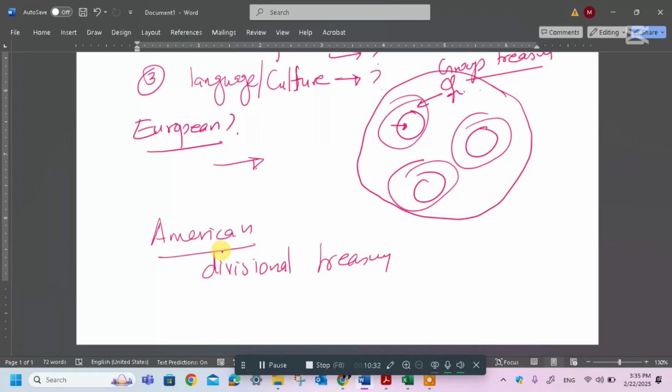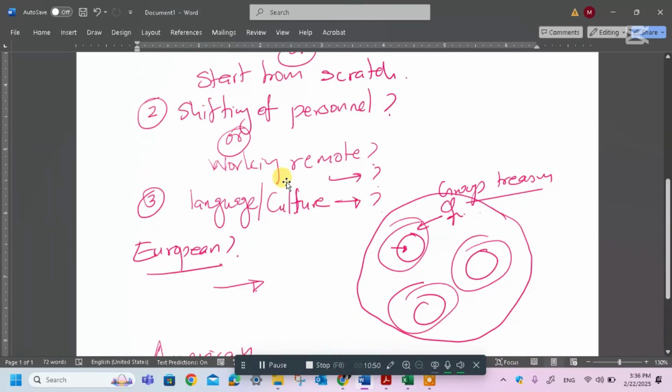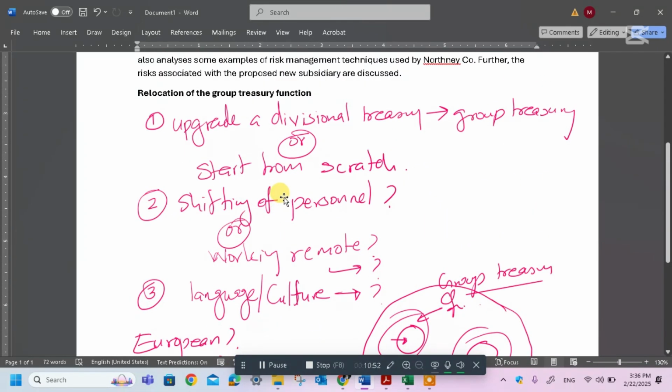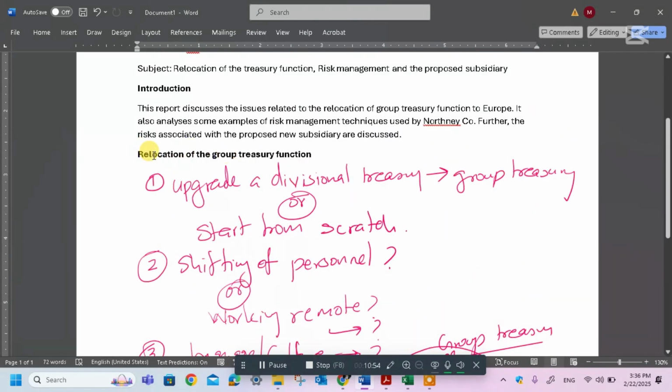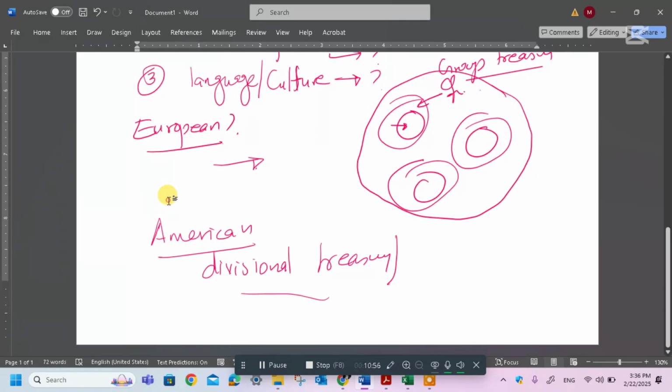So we have to clearly define a divisional treasury, draw a boundary between this divisional treasury and the group treasury, and they must start working independently. So this might be the challenge that American operations have. Explain these, not too much, because it is 6 marks. So if you explain these points, that would cover the 6 marks. So this heading is done with that.